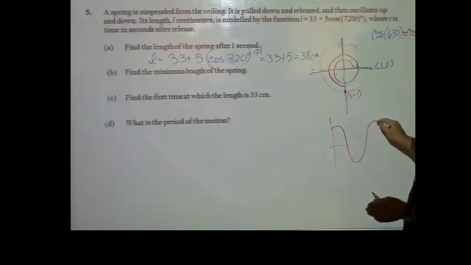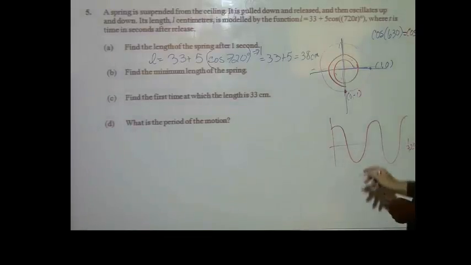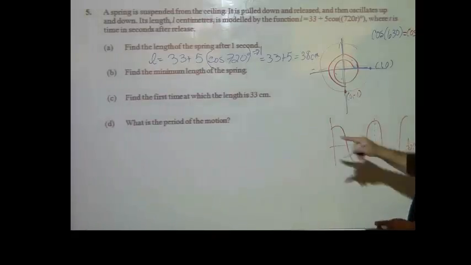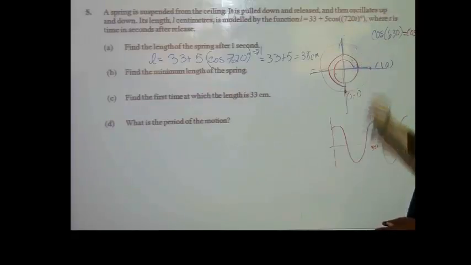So there's 360, there's 720, and it's at 1. Again, I now have to switch my thinking to degrees because they're talking degrees. 630 would be right there.